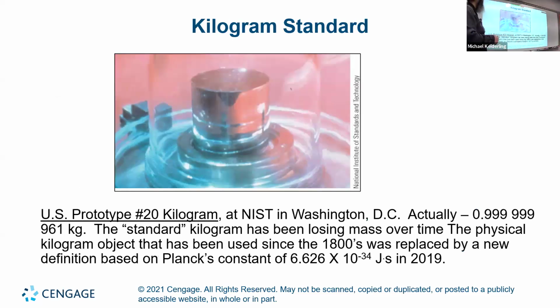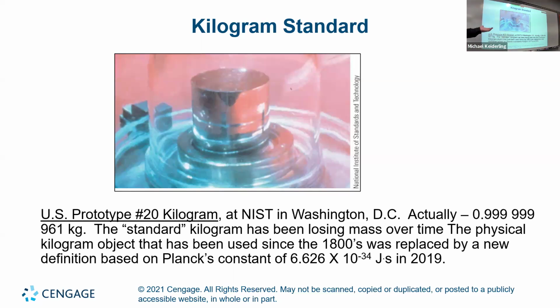So here's an example of one of those platinum iridium cylinders that was the original, and it was the definition up until 2019. This is one from the US. It's at NIST in Washington, D.C. It's ever so slightly smaller than a kilogram. It used to be exactly a kilogram, but now it's 0.999999961 kilograms, or it was, because it had been losing mass over time.